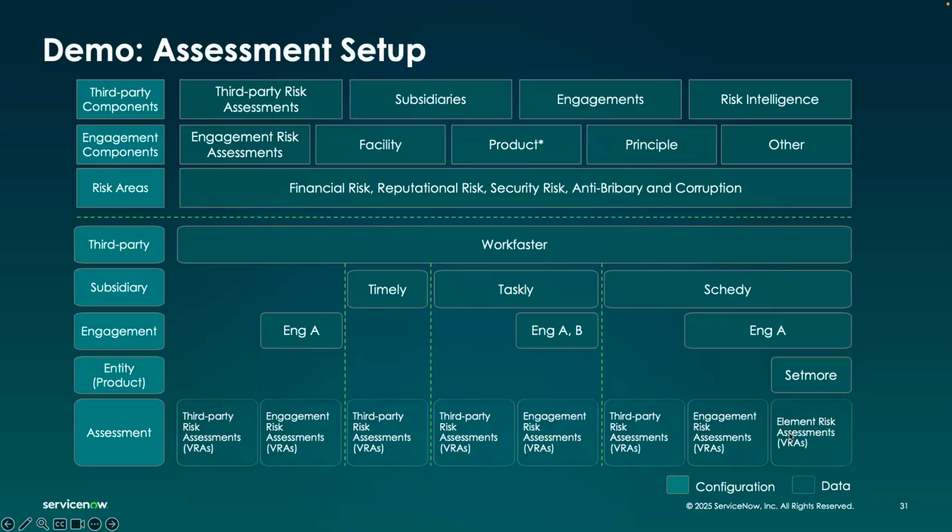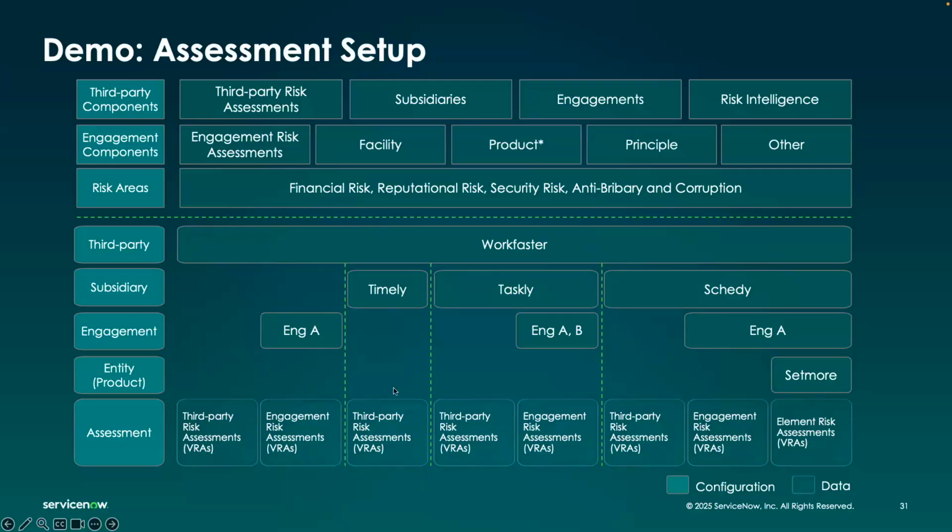As a reminder, all assessments are just third-party risk assessments. They're all just VRAs. But for clarity, I have intentionally named them as engagement or element risk assessments, depending on the context.